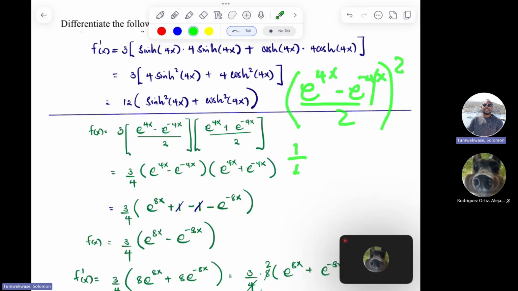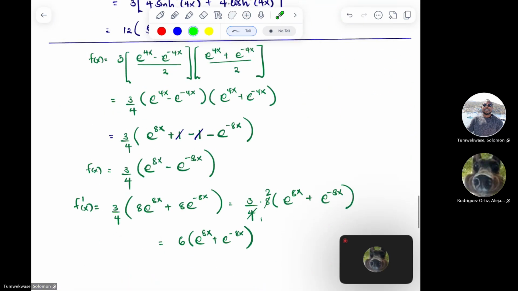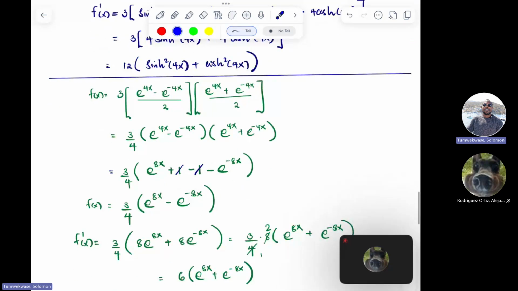So this is 1 over 4 into e to the 4x minus e to the negative 4x, and you square. Now, you remember how to square this. Let me just open up one of these guys, okay? I won't open up this, let me just open up this.